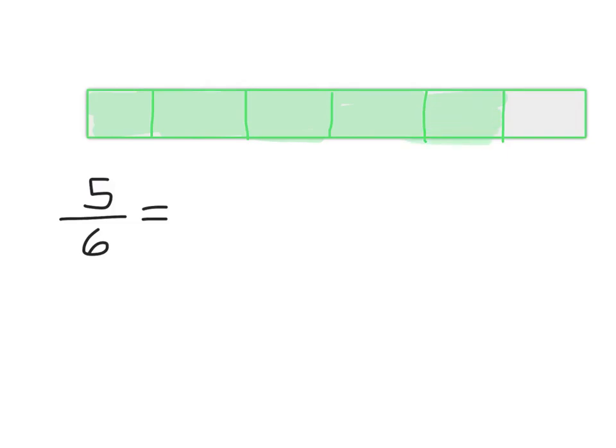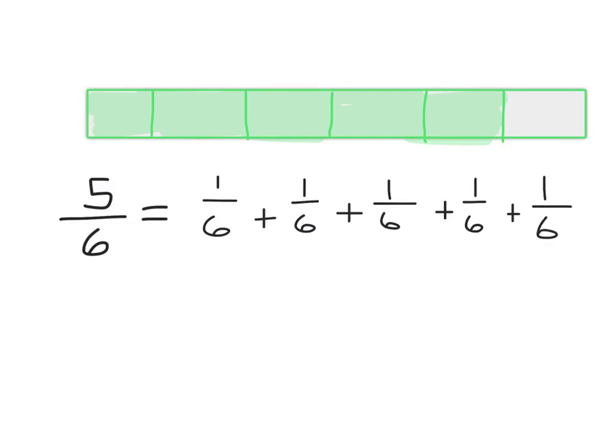Okay, as a reminder, 5/6 can be decomposed as 1/6 plus 1/6 plus 1/6 plus 1/6 plus 1 more sixth. All right, let's take a look and make sure. 1/6 plus 1/6 plus 1 more and 1 more and 1 more is a total of 5/6.